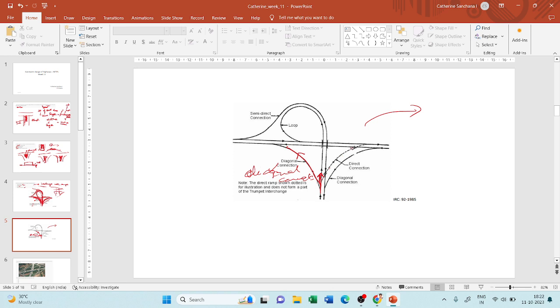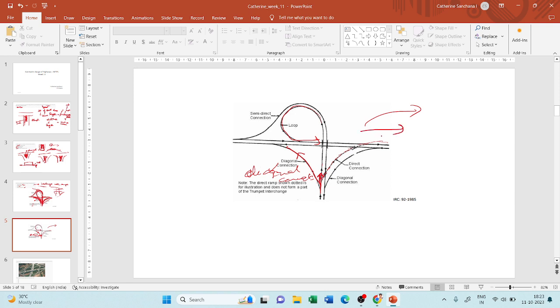In order to move right, there are two options for you. Either you can take this road, which is this direct connection, and go this way to the right, or there's one more way. You go straight, take the loop, and then go right.